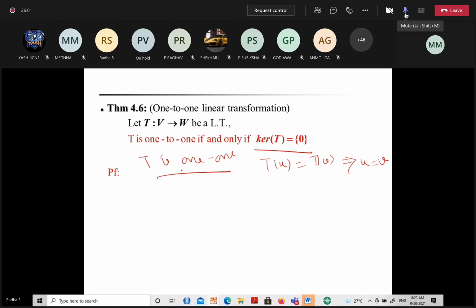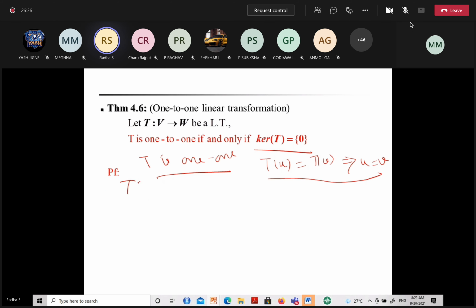Ma'am, since in the W all the elements are 0, this means that T of U equals T of V, and that means both of the elements on this V side are equal. Ma'am, we can prove that nullity is 1. Then we can say that there is only one element that is 0. Yeah, what I am asking is you have to use this concept and prove that ker T has only one element 0.